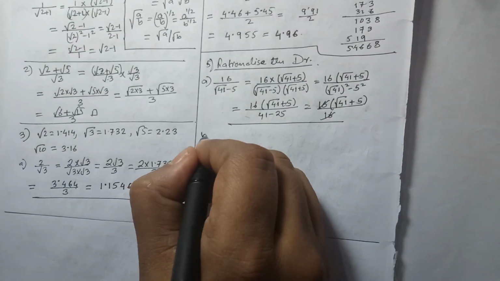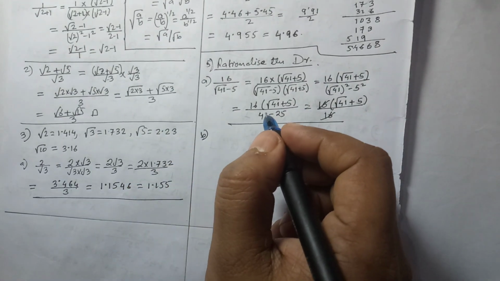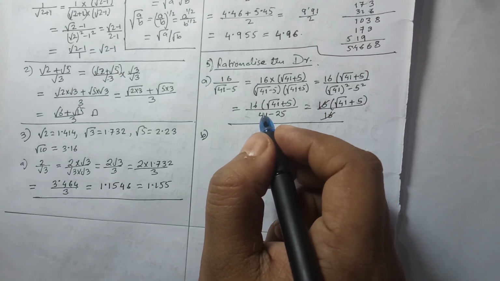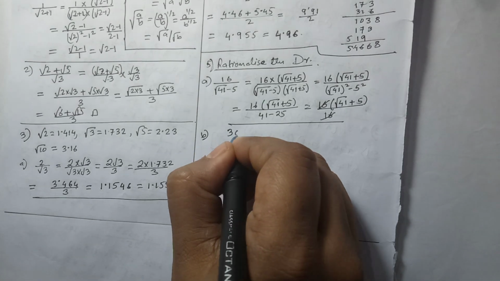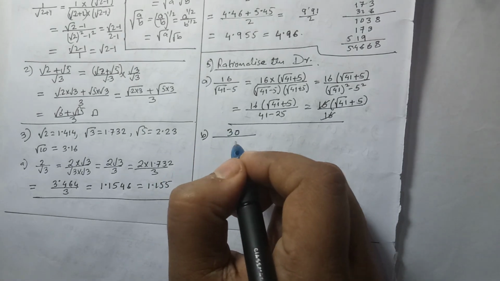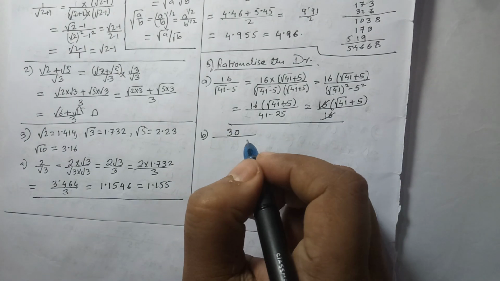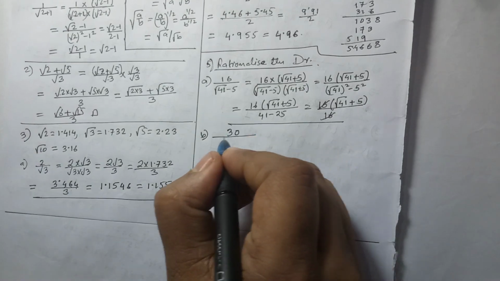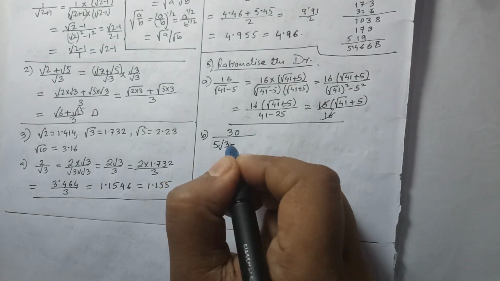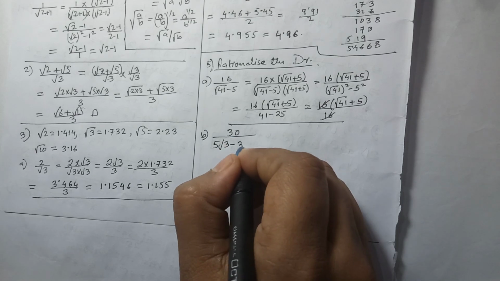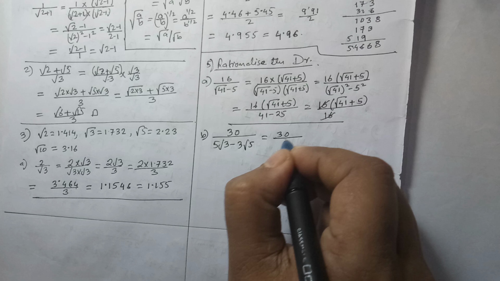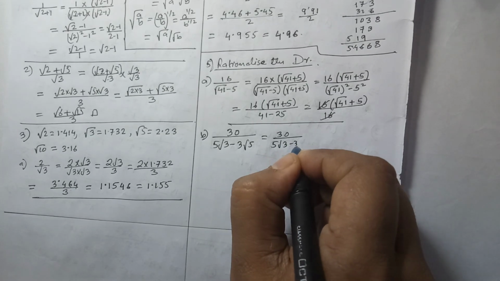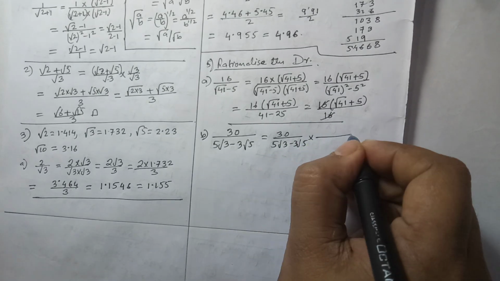Next one. B. Thirty divide by 5 root 3 minus 3 root 5. So convert into equivalent fractions first so that you can rationalize the denominator.